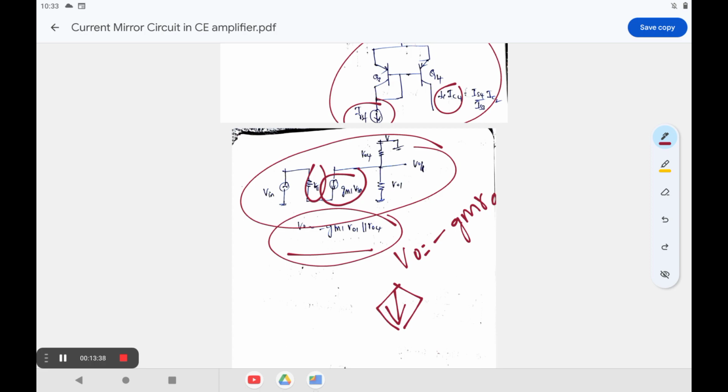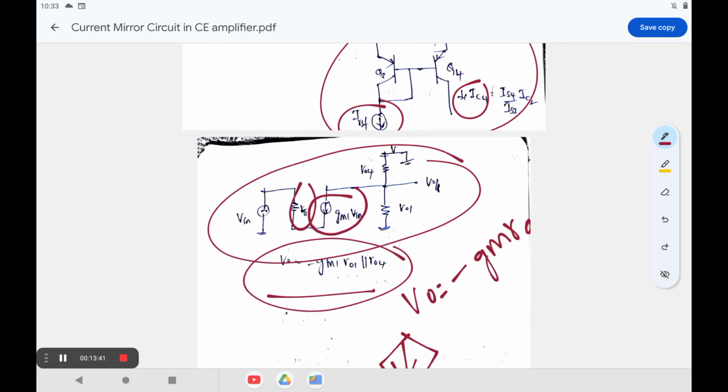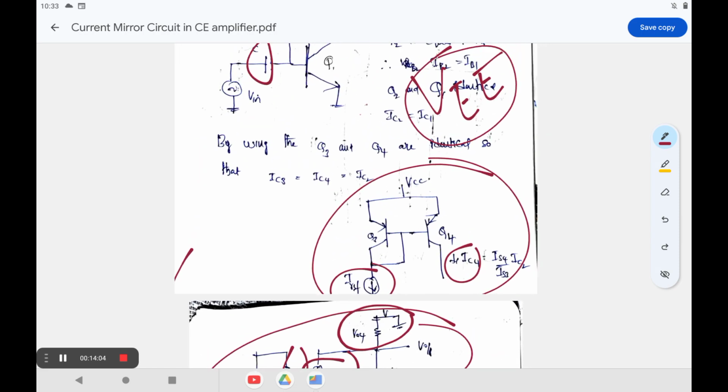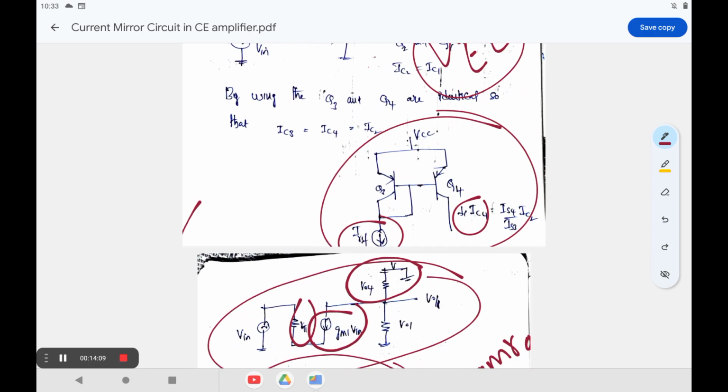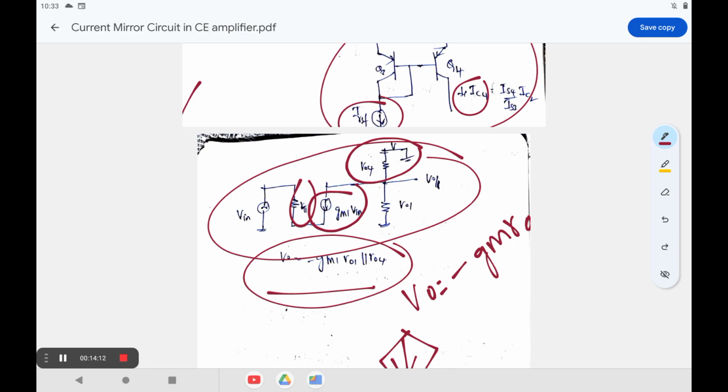As we discussed a few minutes ago, in the case of the current mirror, we have only one resistance, that resistance is R04. That is the only equivalent model for a current mirror, so it has only that resistance. At the same time, in the circuit, R01 is the output resistance in this case only. So that is the basic difference between the normal circuit and the small signal model of this one.